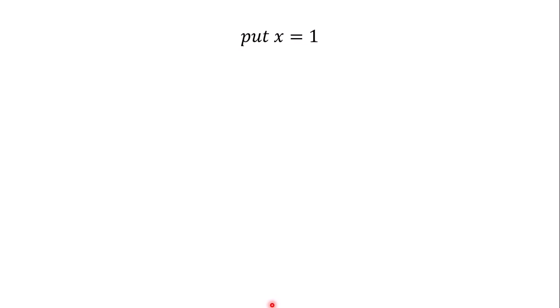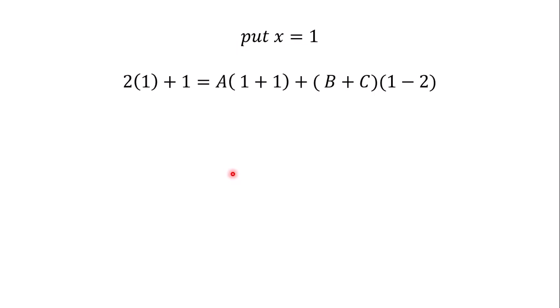We're going to put x equal to 1 into the original equation again and see what we get. When you place it in the original equation, this is what you get: 2 by 1 plus 1, and then a into bracket 1 plus 1, plus b.